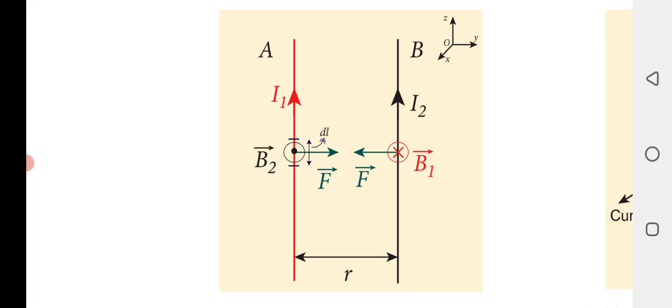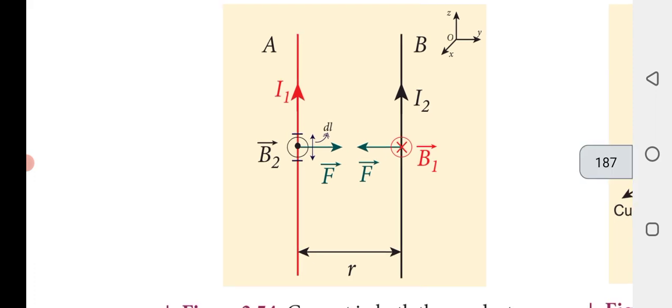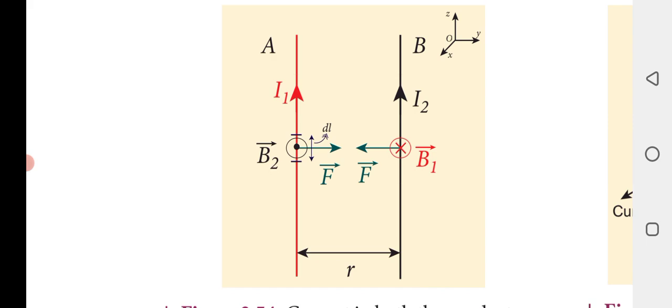Let's see the derivation. Before that, we take a small element of length dl for conductor A, and also a small element dl for conductor B. The dot symbol represents B2, the arrow out of the page, denoting the positive direction.